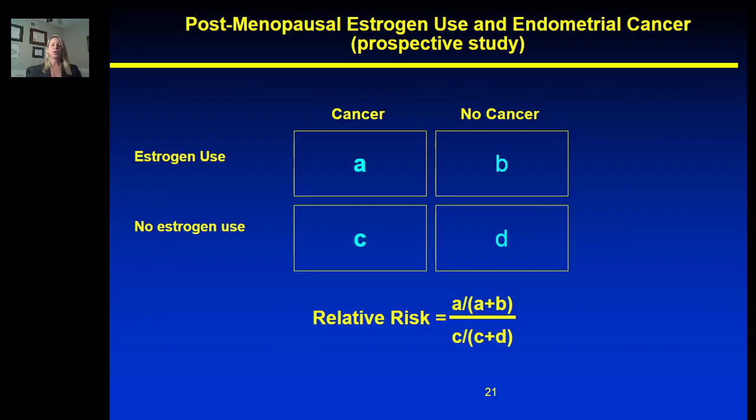So here's just illustrating those concepts in our 2x2 table. If we have more frequent assessment for the outcome among our estrogen users compared to our non-estrogen users, we're going to get a measure of risk that's higher in this group than the true measure, and henceforth a larger relative risk than the true measure and a bias away from the null.